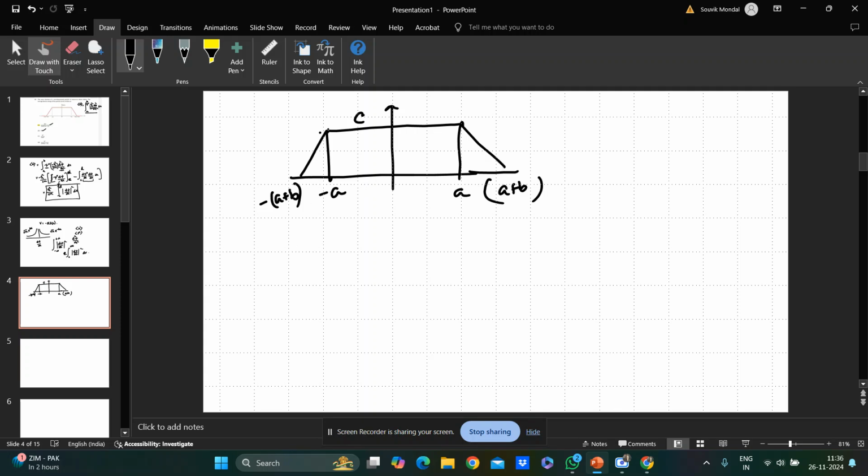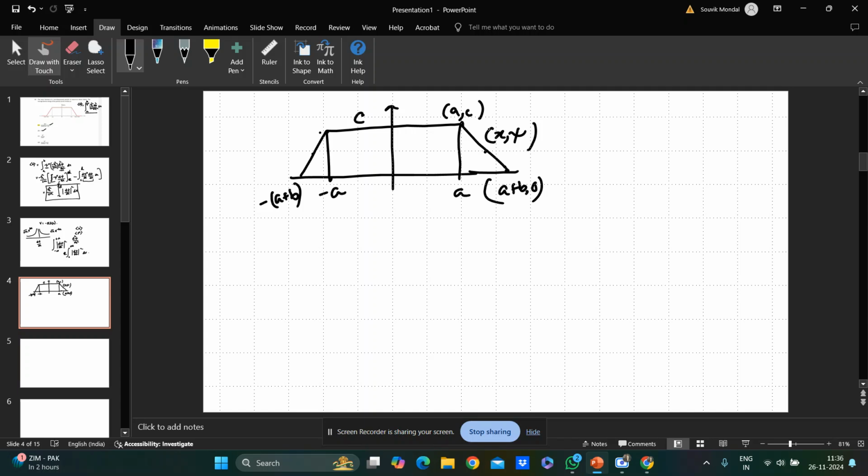So this is c, and let us now find the equation of phi at any arbitrary point in this region. This region is fine, this is a constant. Now this region, let's say it is x comma phi. This point is a plus b comma 0, and this point is a comma c.